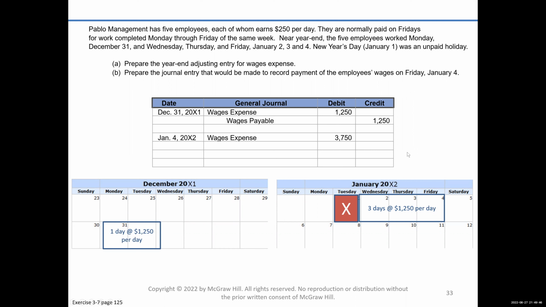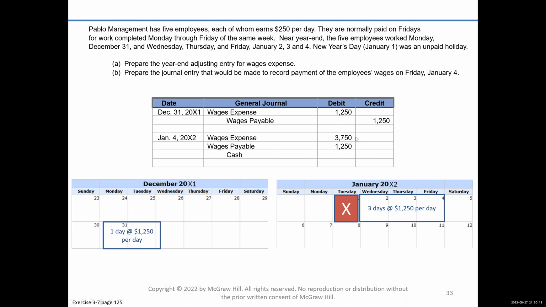What we're going to do is recognize that we have to pay not only this wage expense in January, but also what we owed from before, which would be the $1,250. So how much cash do we need to pay on payday on Friday?